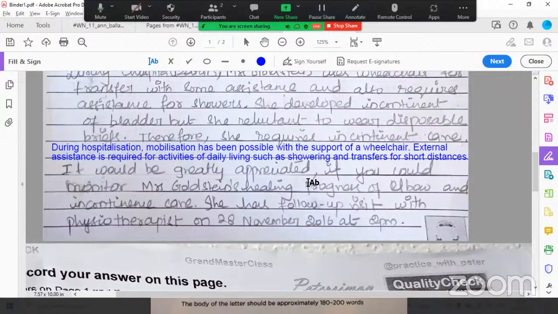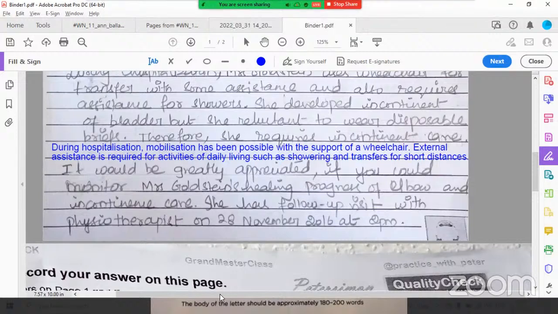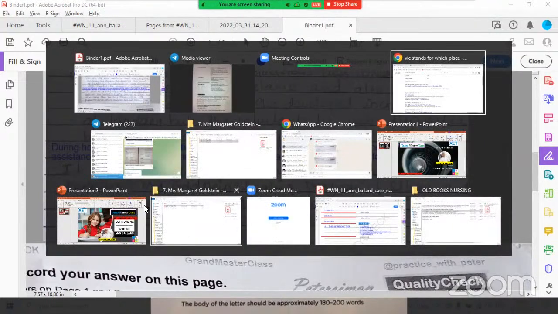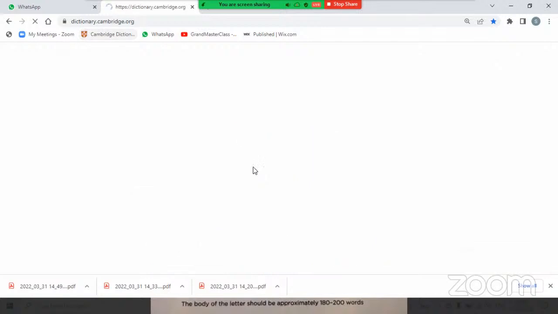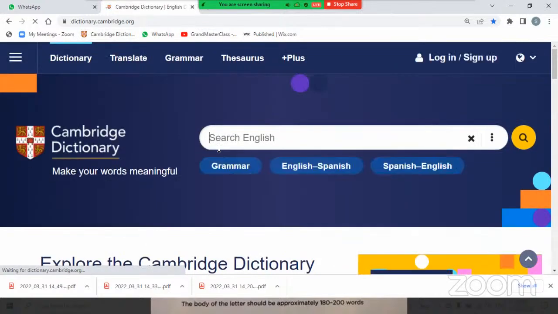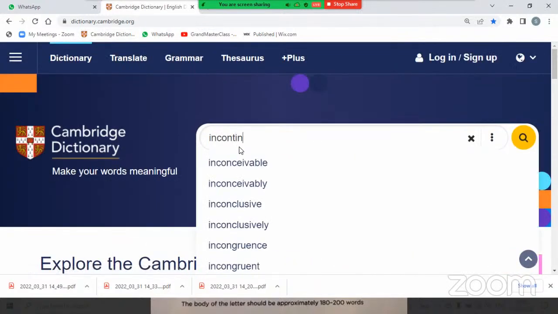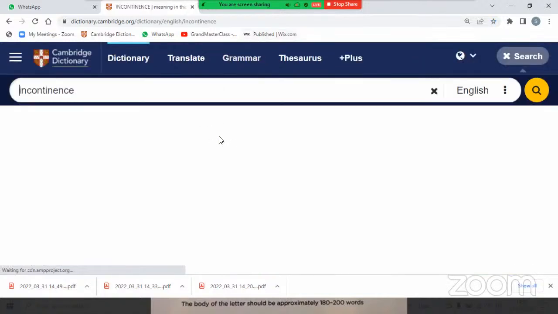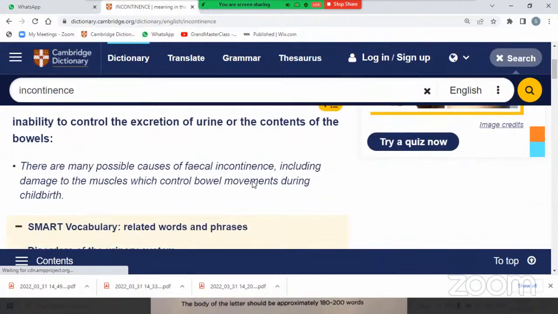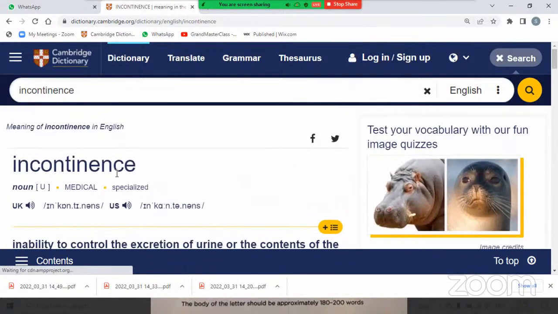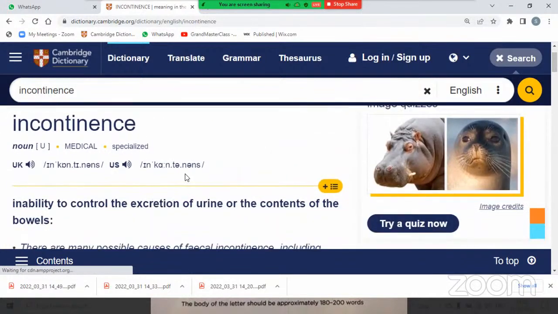Why bladder incontinence? Incontinence. Okay, let us see this word. Cambridge Dictionary. Incontinence means inability to control the excretion of urine or the contents of the bowels. That is because of bladder incontinence only. Urinary bladder or whatever. Okay.